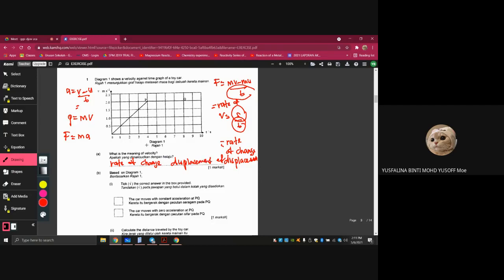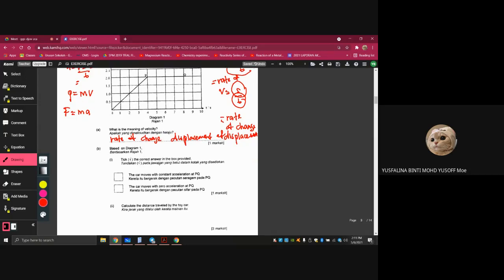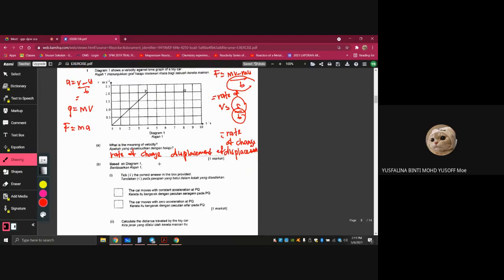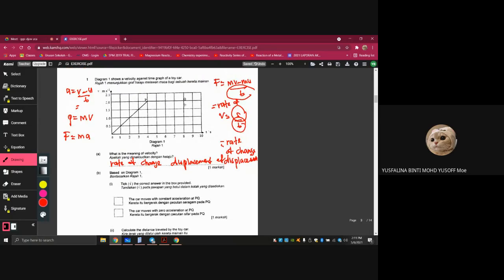Okay, for B, based on diagram 1, tick the correct answer in the box provided. The car moved with constant acceleration at PQ. And another one, the car moved with zero acceleration at PQ. So, for velocity against time, what information can you get from the graph?